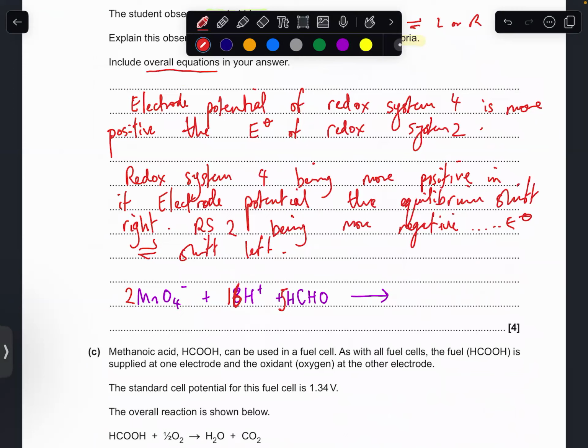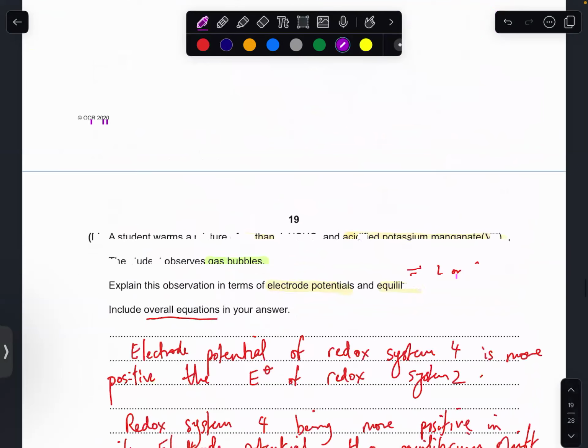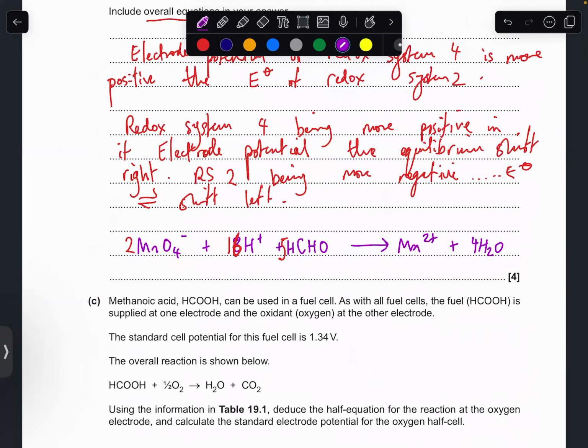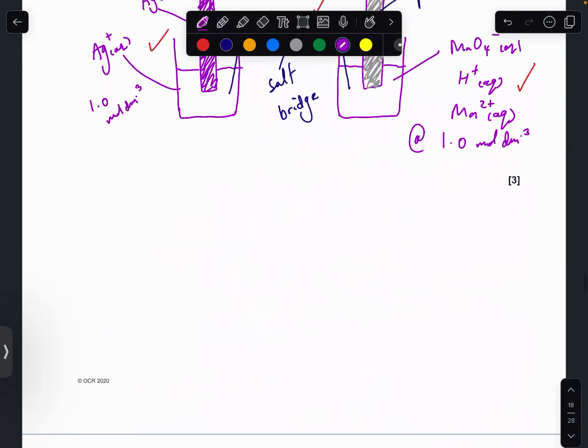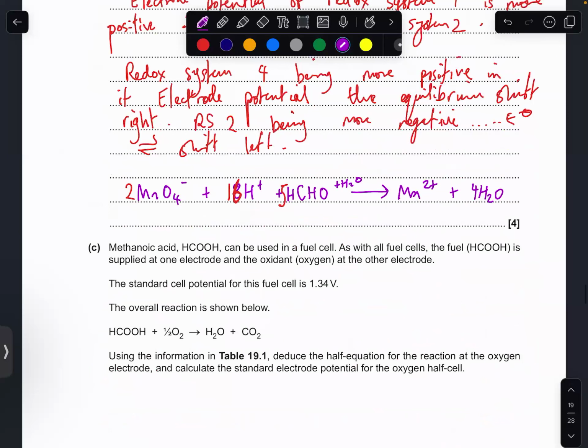That goes on to give you Mn2 plus, 4H2O, and the methanal, oh, we've got water there as well. So methanal is reacting with some water as well. And we're going to times that by 5 as well. Oops, sorry if I'm going up and down too much.